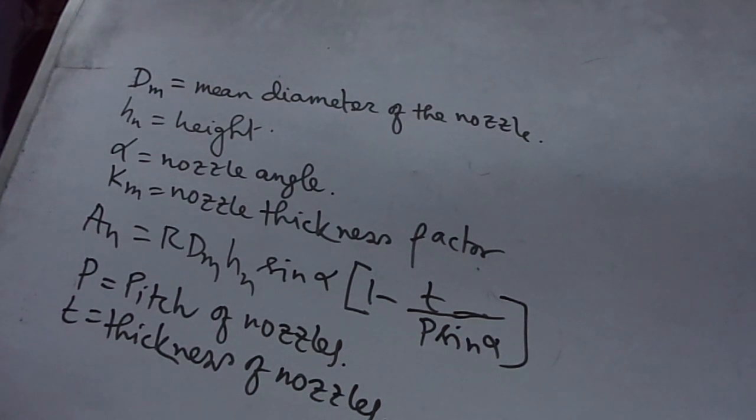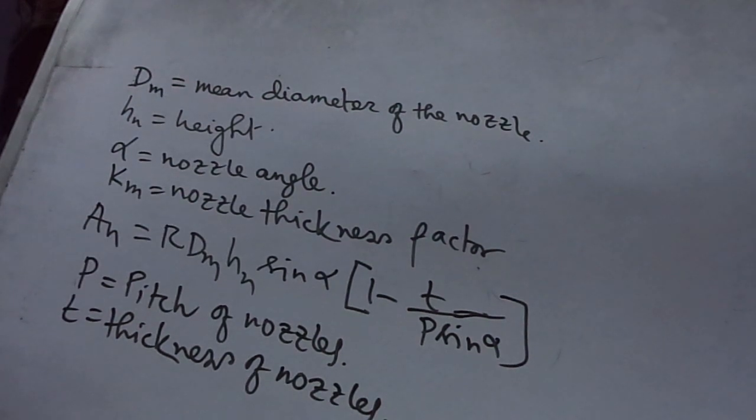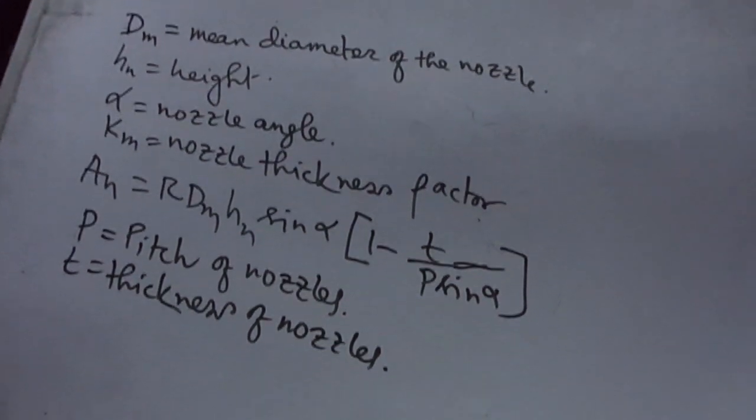So that is the area calculation, An, that is the area of the nozzle.